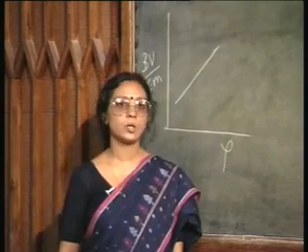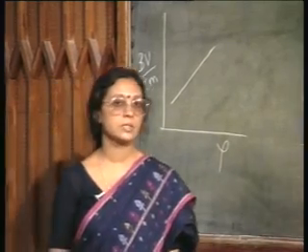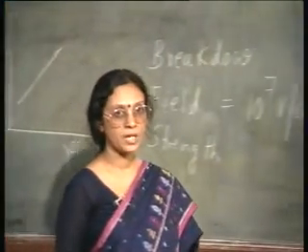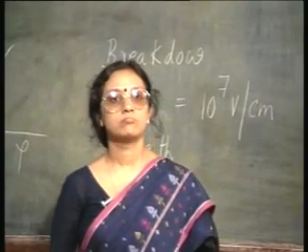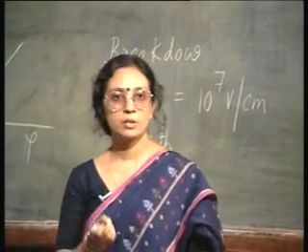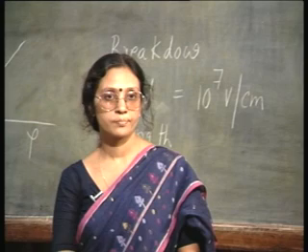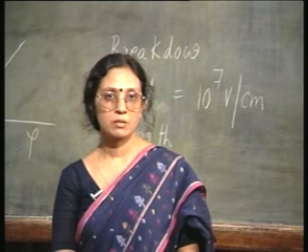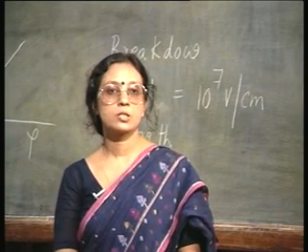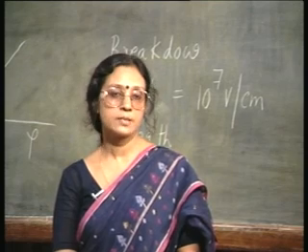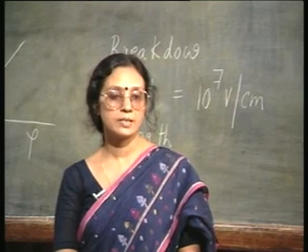There is another problem associated with oxidation, and these are called pinholes. Pinholes means there are microscopic holes in the oxide. For some reason the oxidation has not taken place and there is a pinhole present.